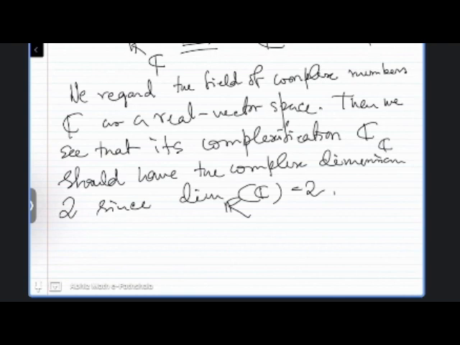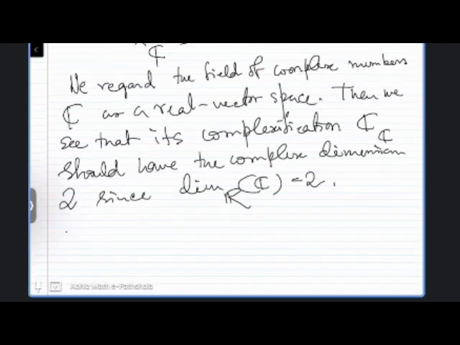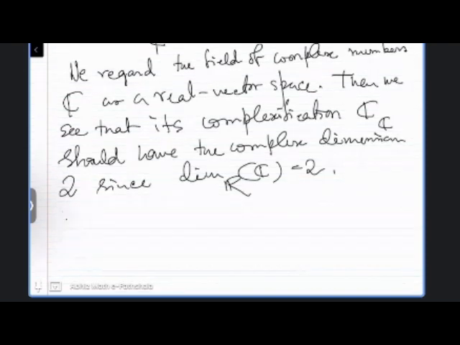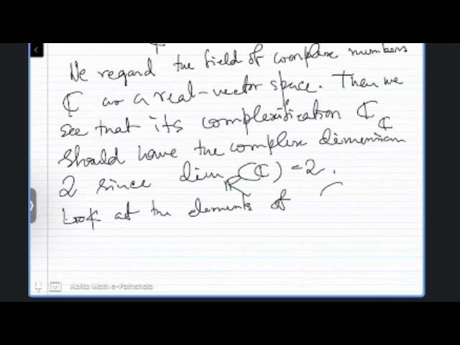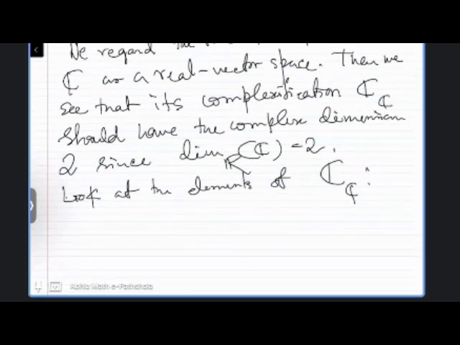So look at elements of C_C. So what are the elements? You can view this C_C as C direct sum with C, okay?